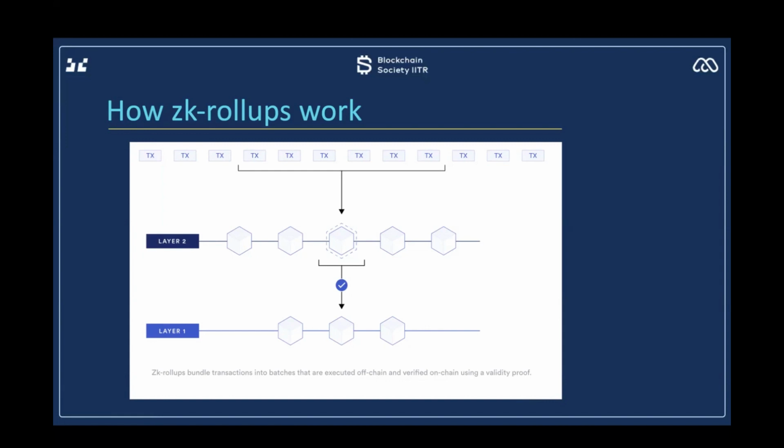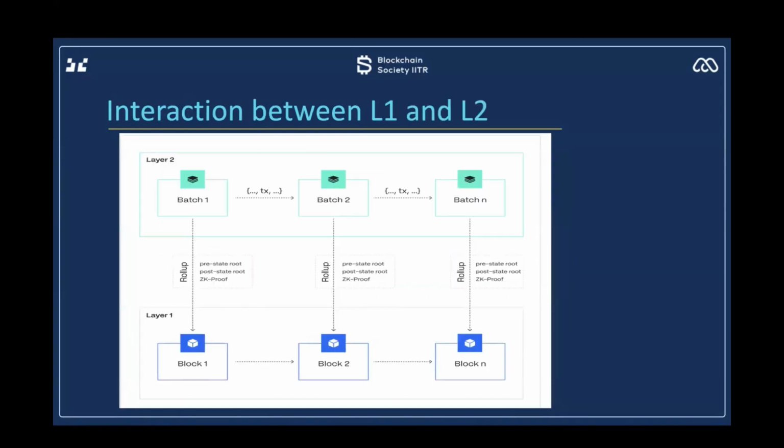The verifier contract will take the proof, and there will be some public inputs. Using the proof and the inputs, it will verify that yes, all the transactions are correct. The final state that we have reached is the state that should be there. And once all the transactions are verified, they are submitted on the L1 blockchain, and the process concludes.